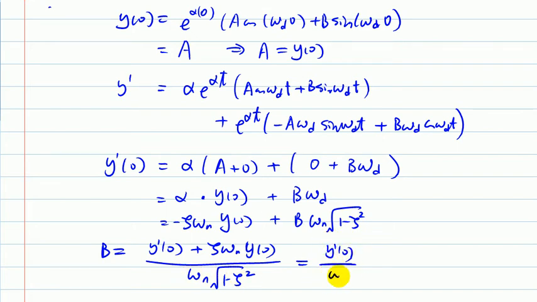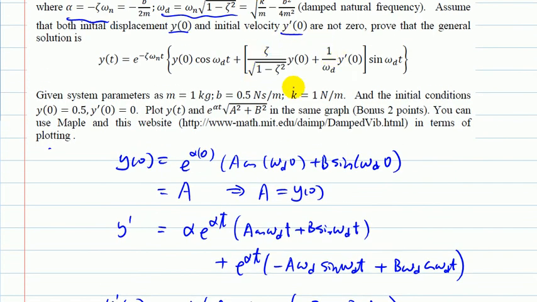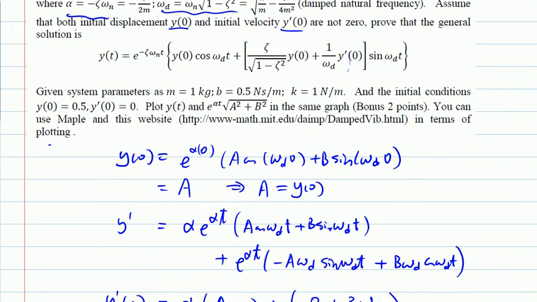Let's rewrite this one back to omega d. Then omega n is cancelled here, so plus zeta square root of 1 minus zeta square times y of 0. So there you go, which is basically exactly this term over here. So that's how you prove y of t, which is the general solution here, in terms of symbols. This is what we call symbolic computation.